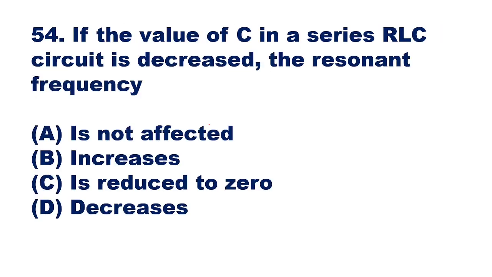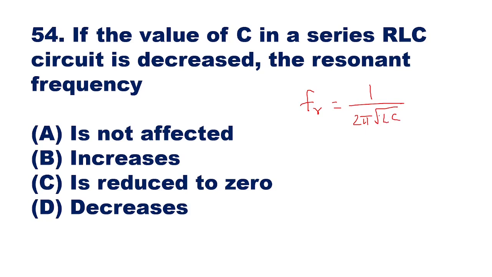If the value of C in a series RLC circuit is decreased, the resonant frequency. So if you see for series resonant frequency, the formula is 1 upon 2 pi root LC.